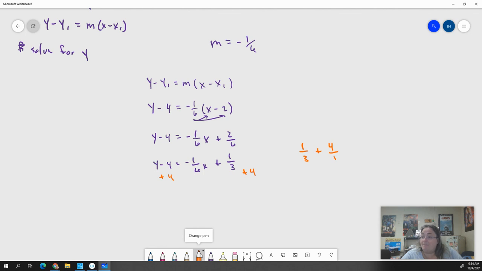Think about that. Yeah. Why not make it 3? It could be 12, but then I have to change both of these, and 1 goes into 3. So I'm just going to multiply this times 3 over 3. And I would have 1/3 plus 12 thirds. Right? Which gives me y equals minus 1/6 x plus 13 thirds.